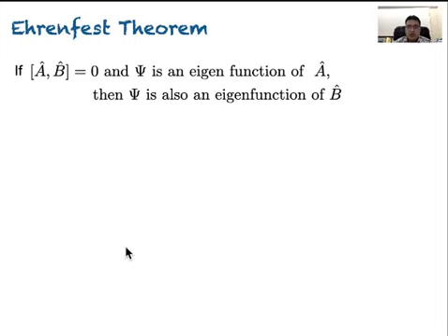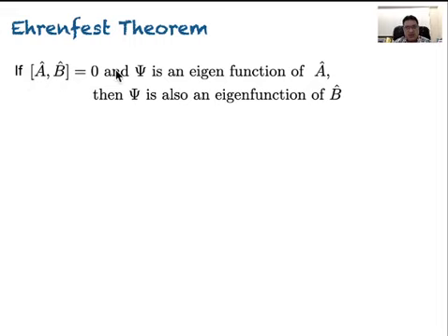Okay, now this is something important. Now what I'm going to do is the theorem on commuting operators. Before I go to the statement, this is what we have discussed in previous slides, but let me state it again. Suppose there are two operators A and B and both are commuting, which means the commutator of A with B is 0.